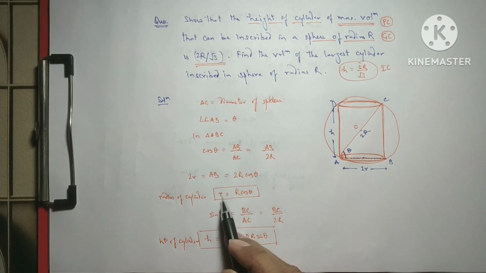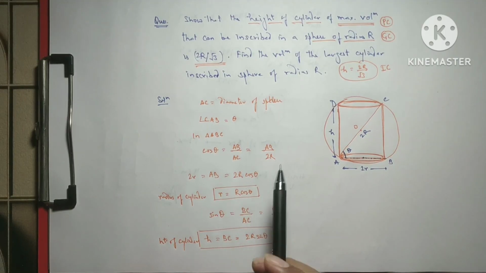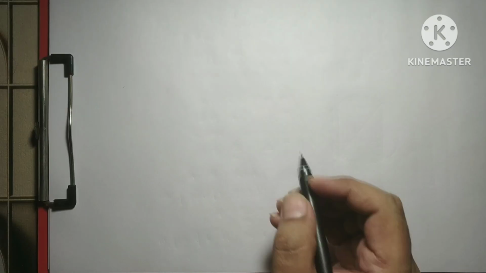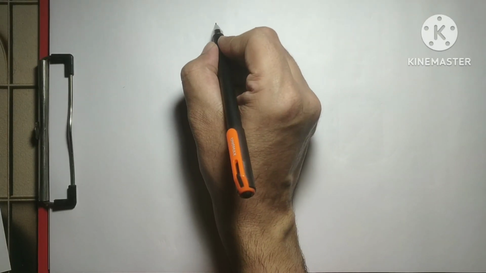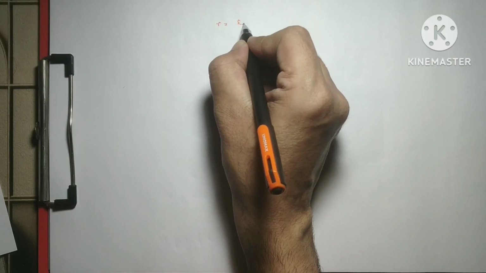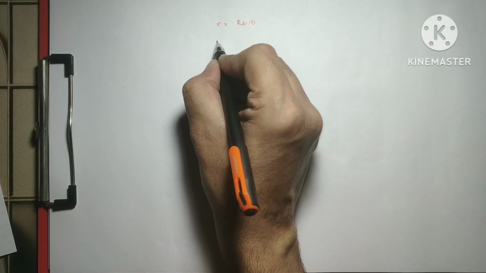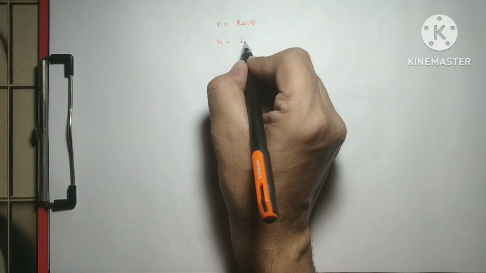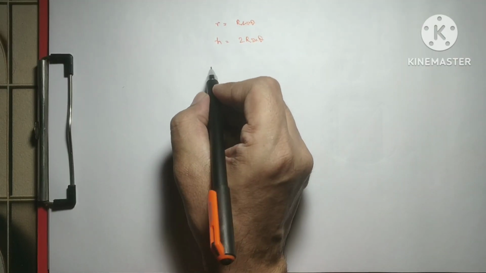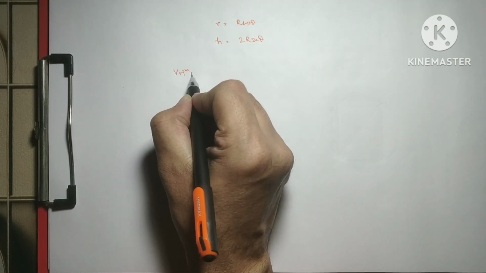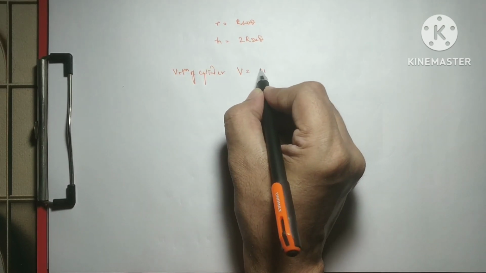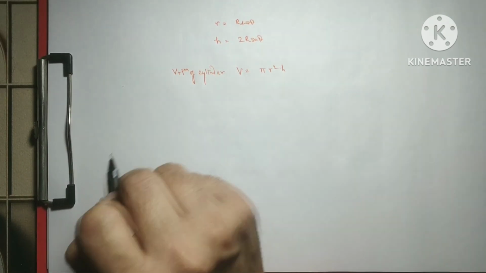So right now we have these two parameters by which we can calculate the volume. The radius of the cylinder is r cos theta, and the height of the cylinder is 2r sine theta. So the volume of the cylinder V equals pi r square h.